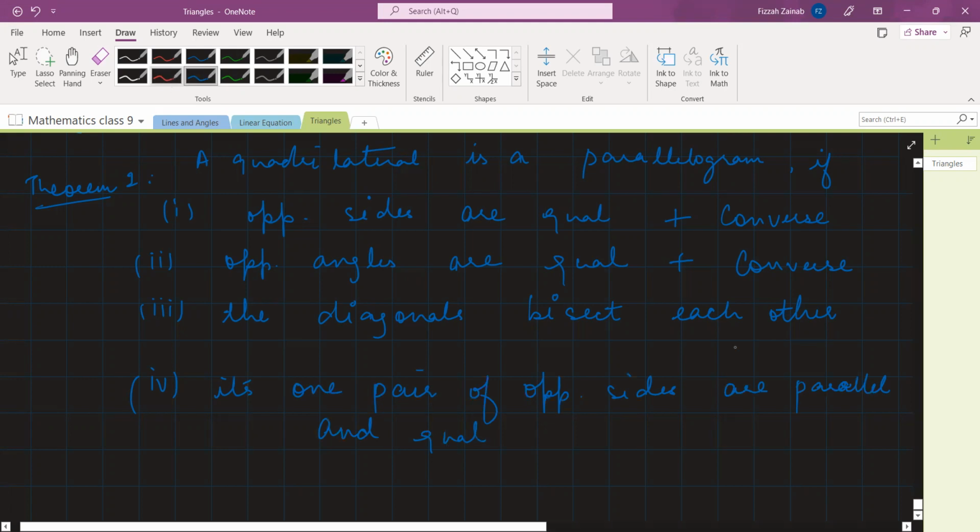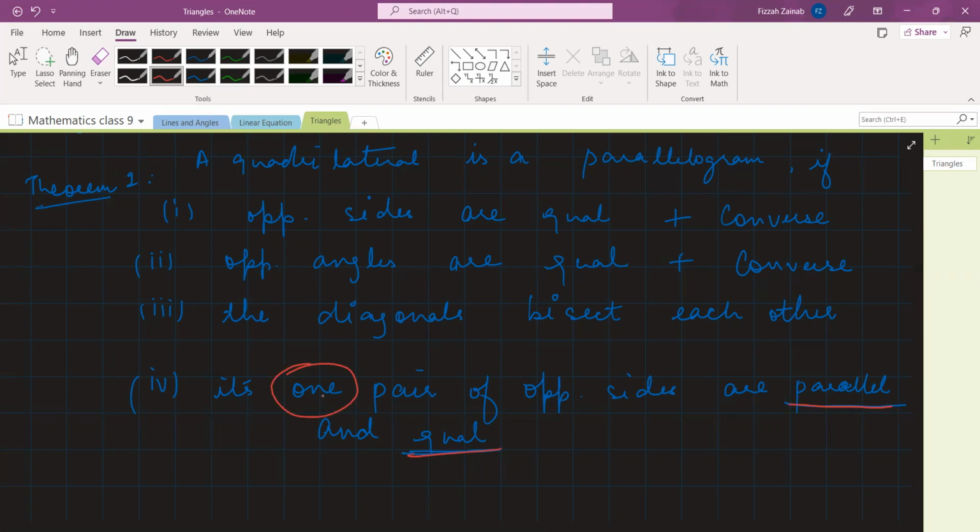There are two words, parallel also and equal also. Now try to understand. And only one pair, please note. You can make a circle so that you remember.